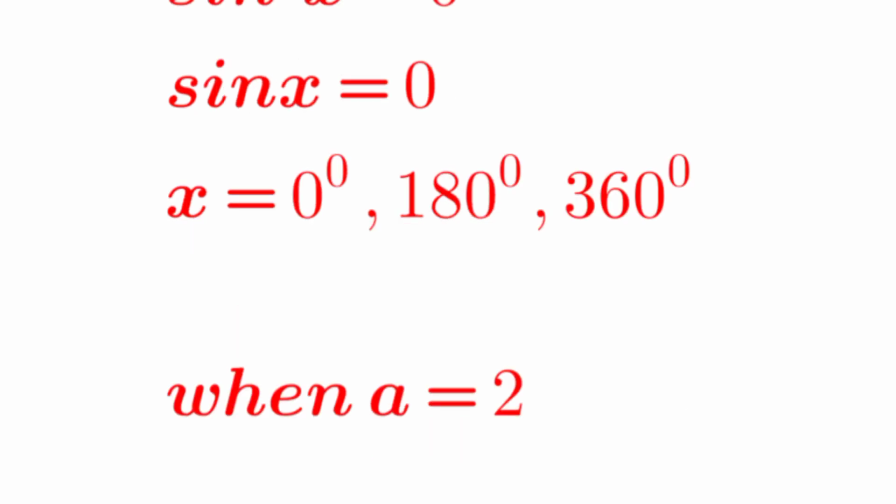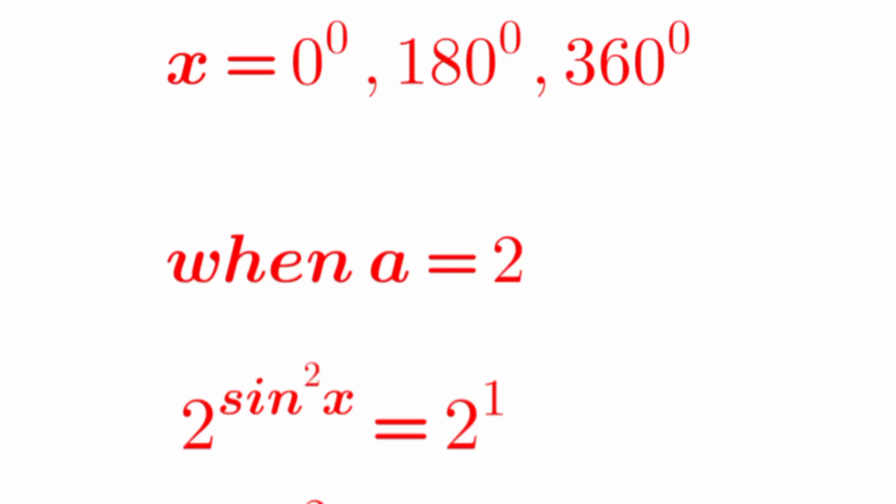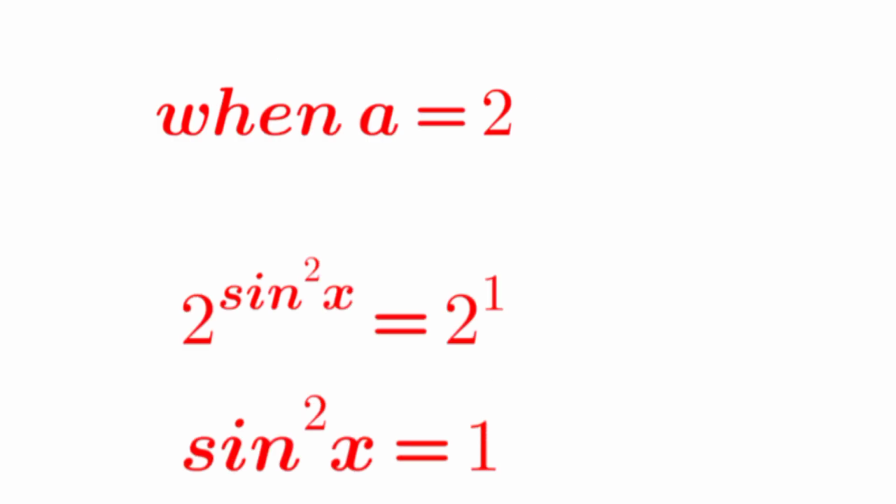Now for the second part, we have a is equal to 2. Now 2 can be written as 2 raised to the power of 1. So we have 2 raised to the power of sine squared x is equal to 2 raised to the power of 1. Just like we did before, when our bases are equal, they are going to cancel each other, and we'll be left with sine squared x is equal to 1.